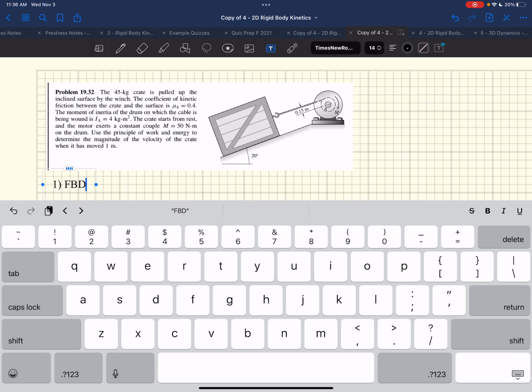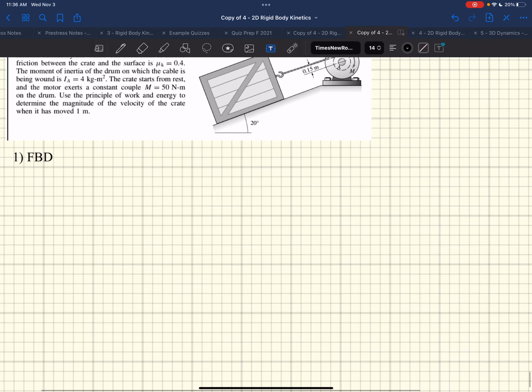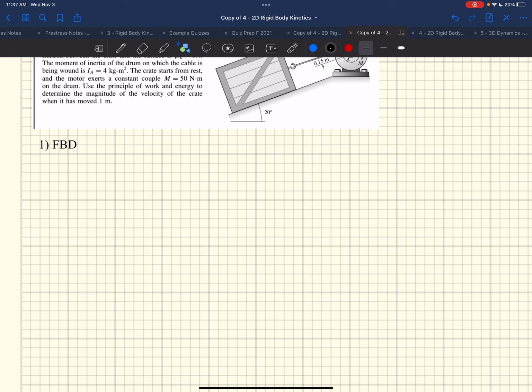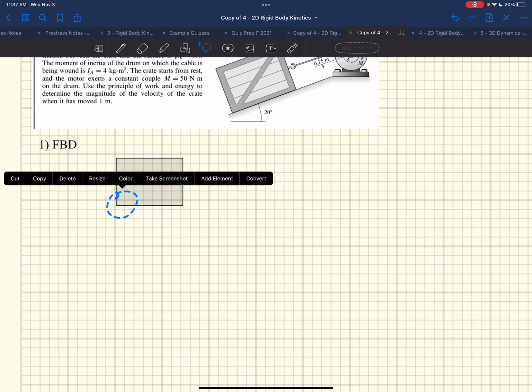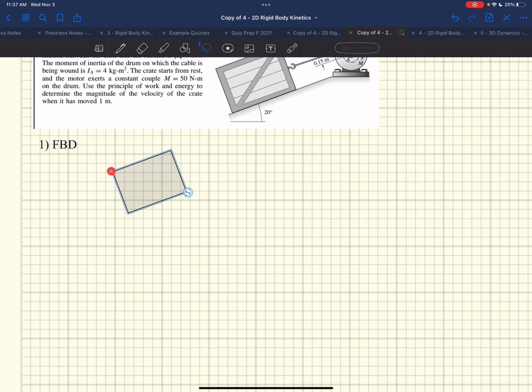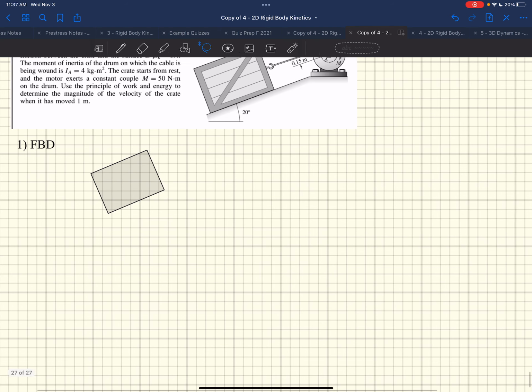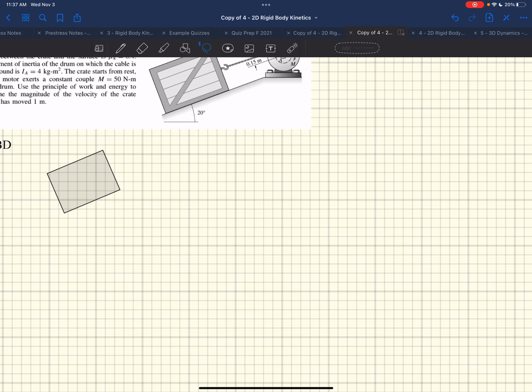There are two objects here, so we could draw both of them. I'm going to rotate this in a second, and I've got a disc over here.